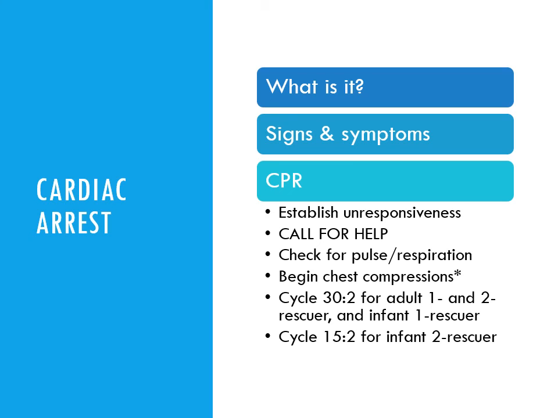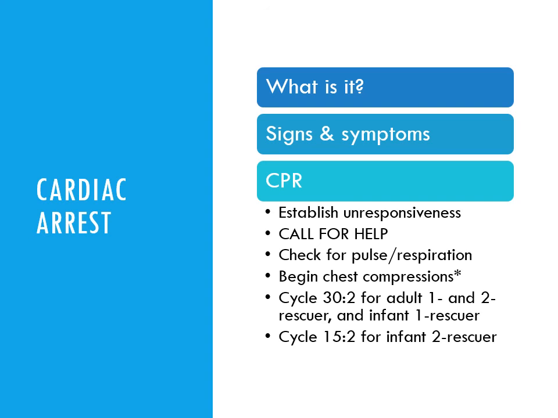But the most important thing to understand is the quality of the compressions is probably the most important thing in terms of saving that person's life potentially. So the compressions need to be very quick. They have to be 100 to 120 compressions per minute. If you hum the song Staying Alive, you can use that as a rhythmic guide to make sure you're going fast enough.